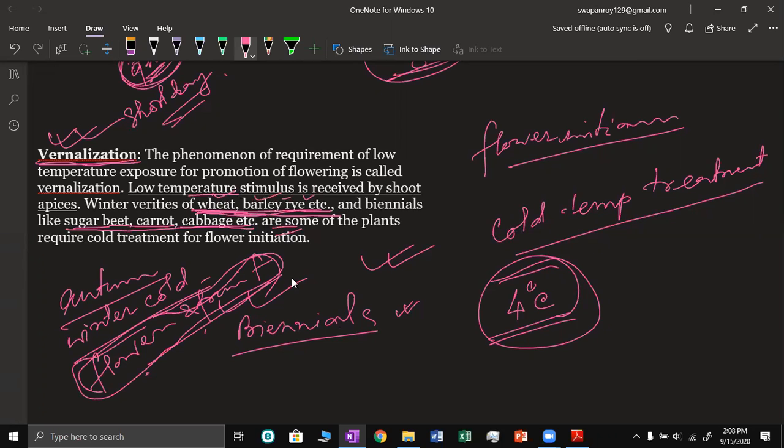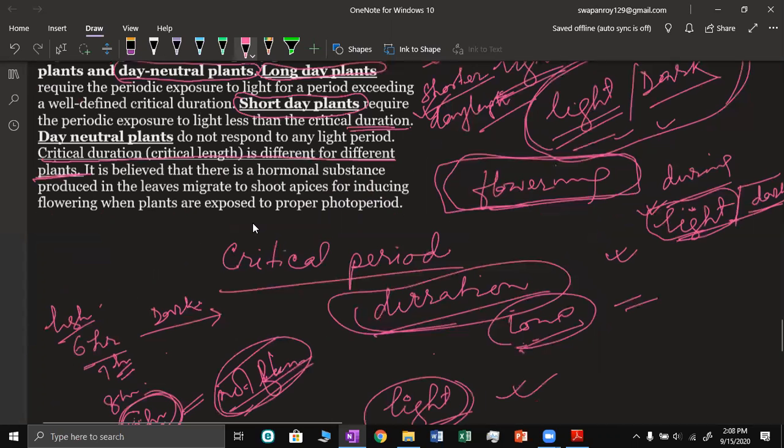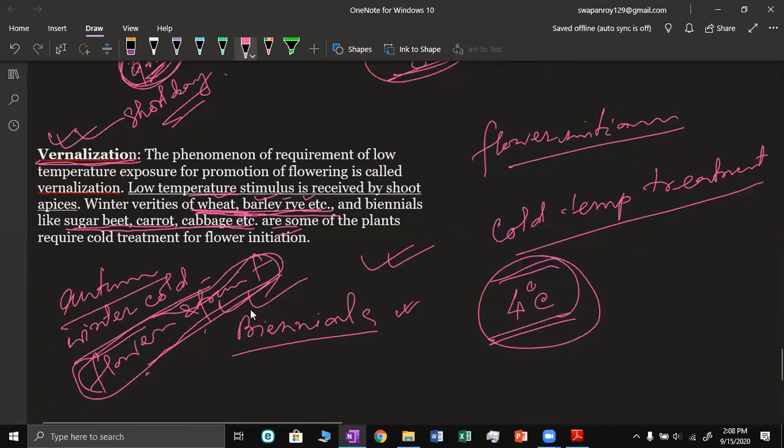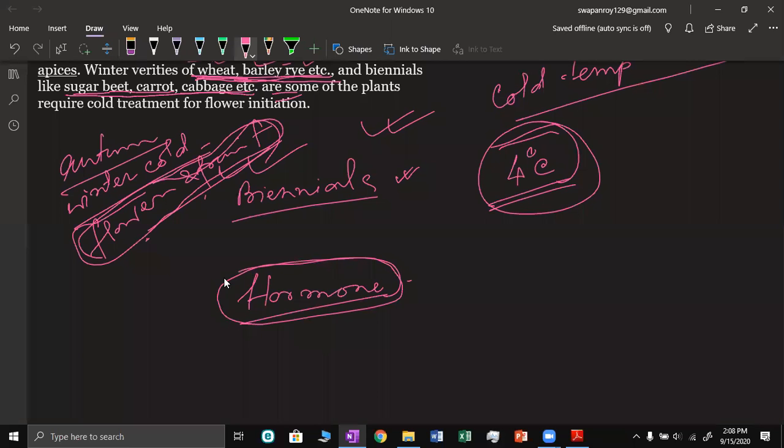For photoperiodism and vernalization, it is usually said that perhaps some hormone is there, that due to the cold treatment, or in the case of photoperiodism due to the dark and light period, those hormones are synthesized and they induce flowering.